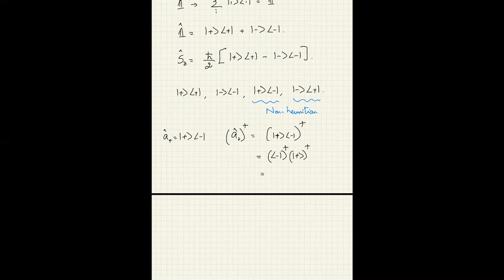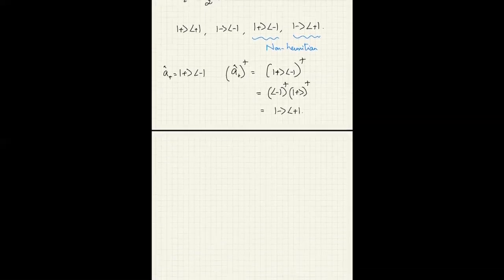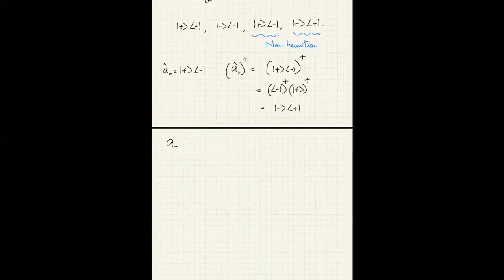And the dagger of the bra minus is the ket minus, and the dagger of the ket plus is the bra plus. Okay. So notice that A plus dagger is not equal to A plus, which is the definition of a Hermitian operator.